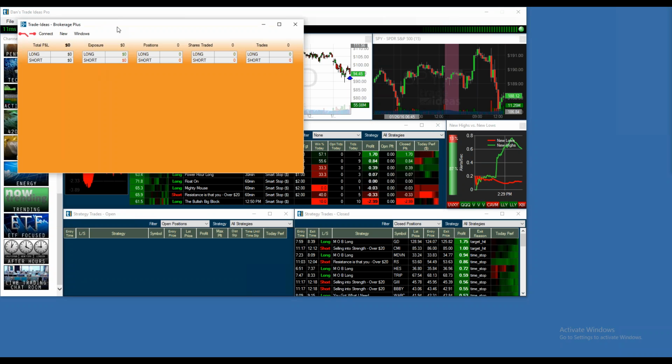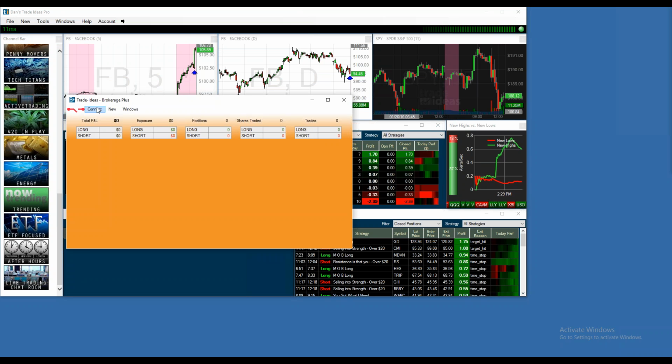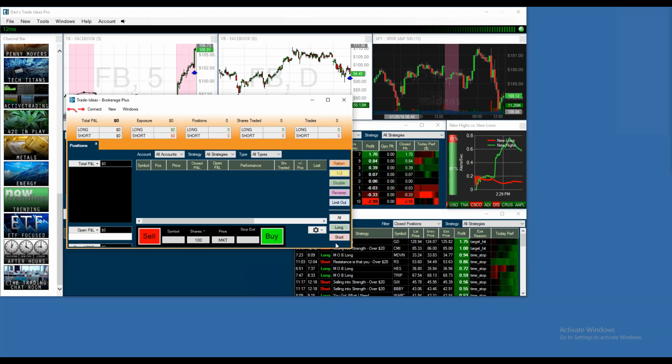Essentially, you can take any strategy you create inside of Trade Ideas and drop it into this interface right here, and then, just like in the Odds Maker where you input a certain set of rules for when you can initiate a trade and how long you're going to hold it, you do the very same thing here. You turn it on and let it run for you. It manages your stops, both stop losses as well as profit targets, as well as the timed exits.